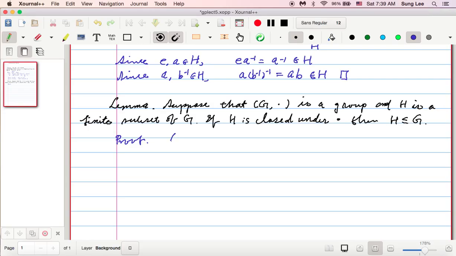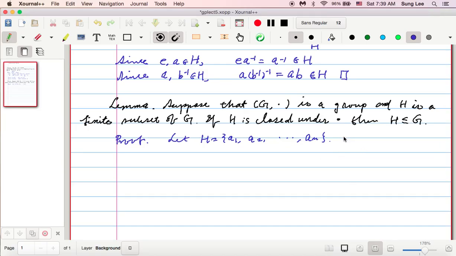Since H is a finite subset, we can write H as the set of the following elements: A1, A2, dot, dot, dot, all the way to A sub n. Okay, right? Since it is a finite subset.